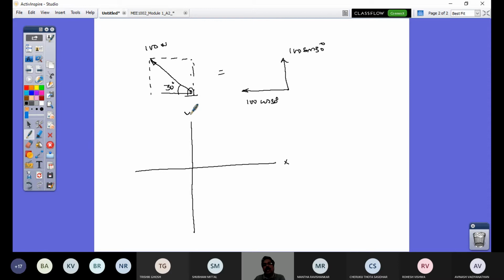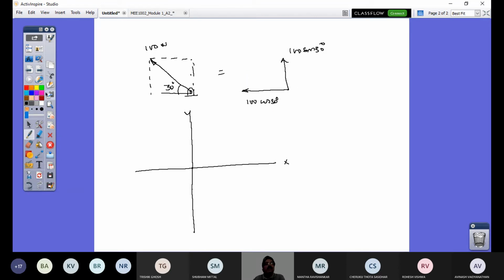So this is my x-axis, y-axis. The first case we looked at was in the first quadrant, and this is in the second quadrant. So you can have a force with tail here and head in this quadrant, and in the fourth quadrant it is coming out. When you project, you would have accordingly the force.